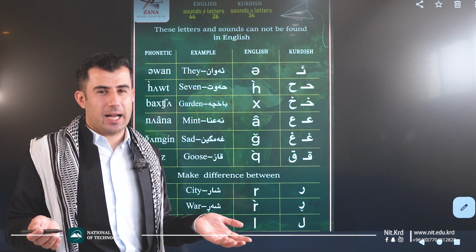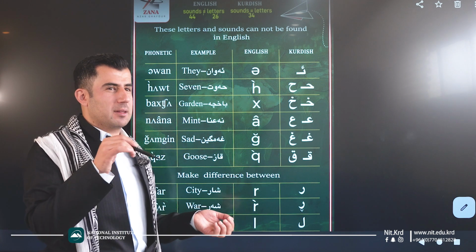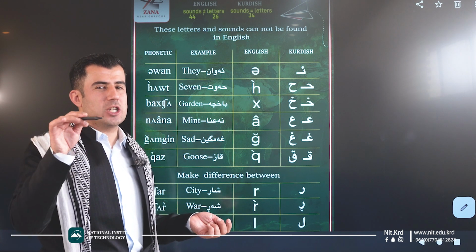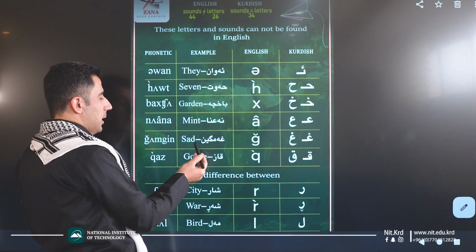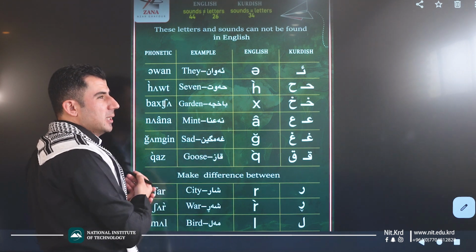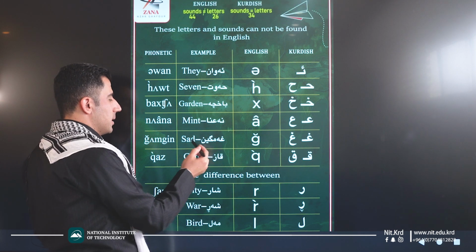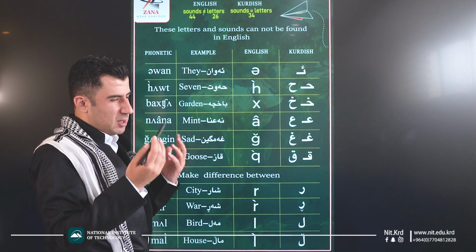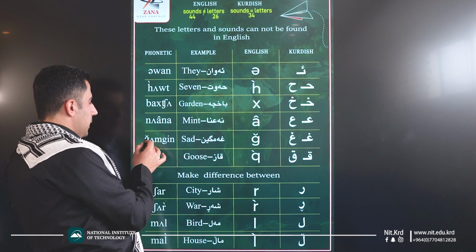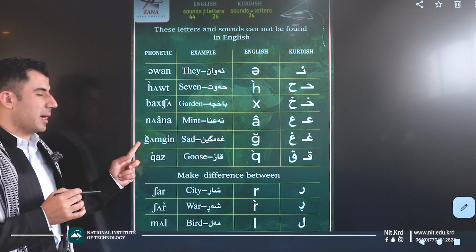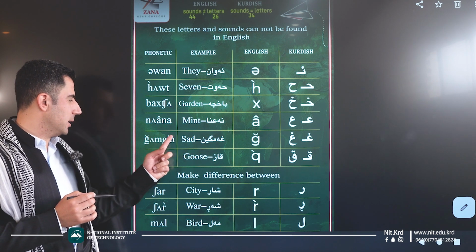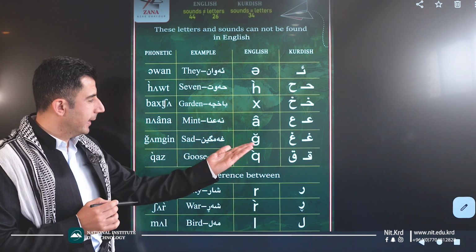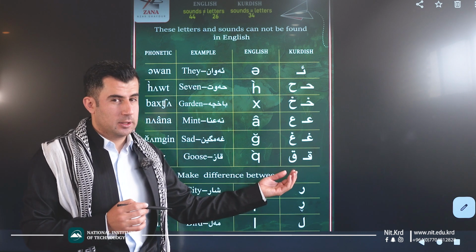It is Gaza. When you write in English, we have to write G-A for Ga. Here we have Ghamjeen. This sad, it means someone is Ghamjeen, sad. Here is G. Please pay attention to that one. Ghamjeen.